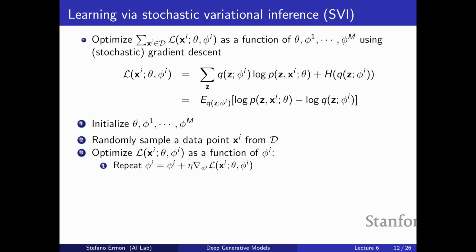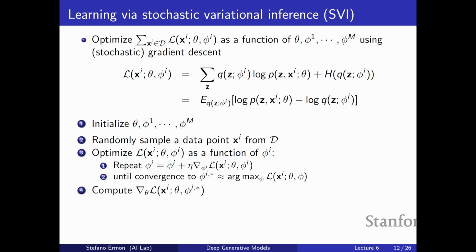You try to make that ELBO as tight as possible for the ith data point, until you can no longer improve and find some kind of local optimum. And then you can take a step on the theta parameters, so your actual decoder, the actual VAE model that you use for generating data, given the best possible lower bound. So this inner loop will find you the best lower bound, and this step 4 will take a step on that optimal lower bound.